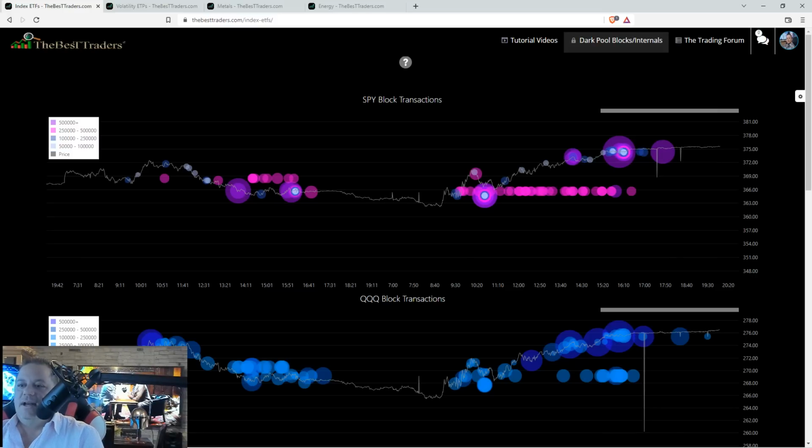So by not knowing if it's a buy or sell, you really have to line up other pieces of information along with that dark pool to see if it is a buy or sell. You have to basically do your due diligence along with other pieces of information and make a probable guess. This looks like a buy, but you can't just say this is a buy.